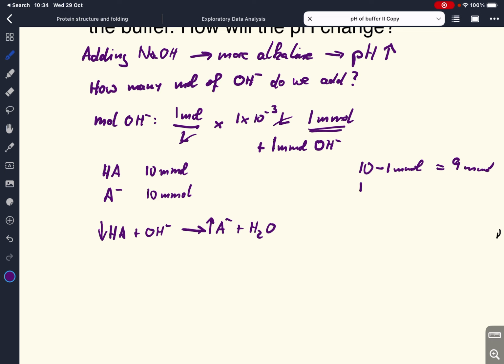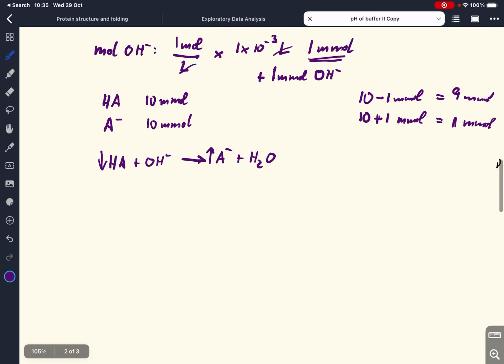And instead the base increases because we generate more of the base, so we've got 10 plus 1 millimole, which gives us 11 millimole. And with this information, we can now calculate the pH of the buffer solution.